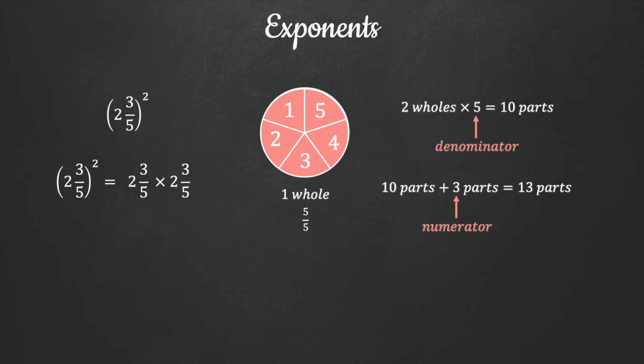So that means that 2 3/5 is a total of 13 parts. So 2 3/5 is equal to 13 parts out of 5. Each circle is divided into 5 equal parts, and we have 13 of those shaded. So 13 out of 5.